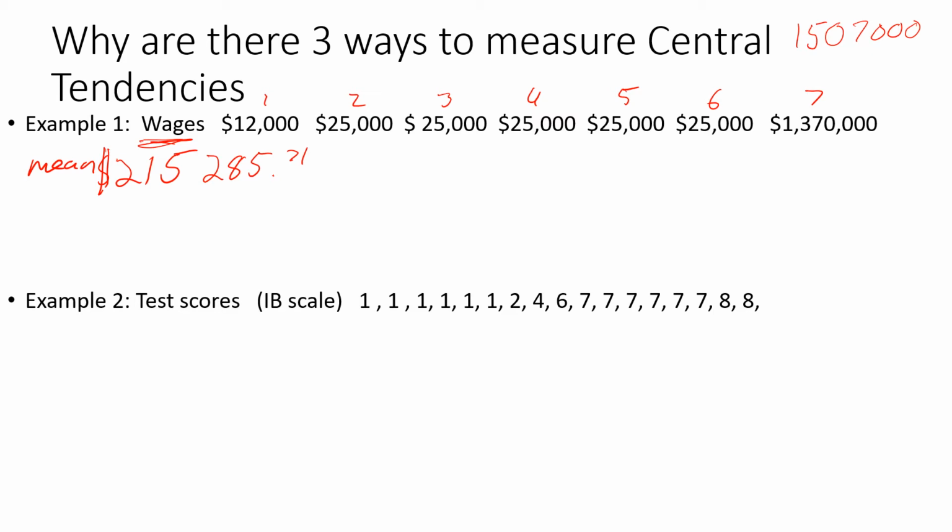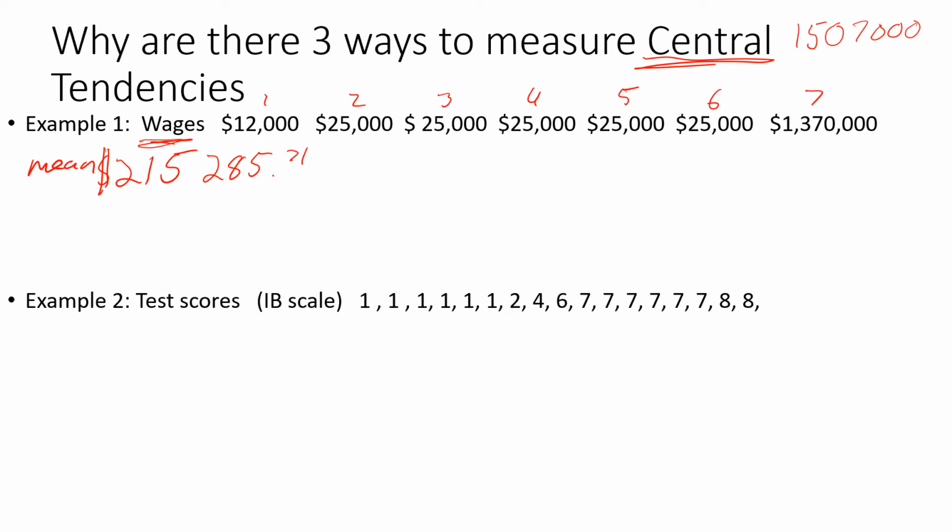So if we were to calculate the mean or the average income here, it looks like this is an amazing company to work for. The average person makes $215,000 a year, but that's not necessarily representative. So finding the average or finding the mean isn't always the best way to calculate what is central tendency.